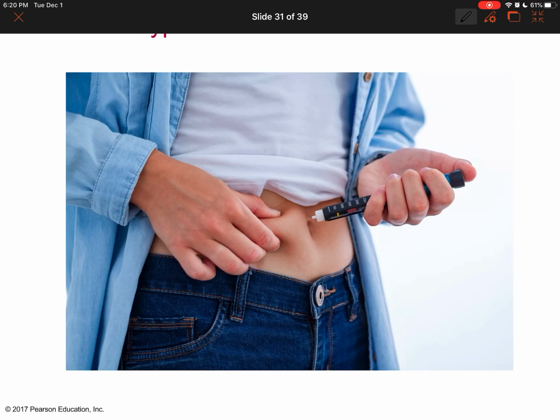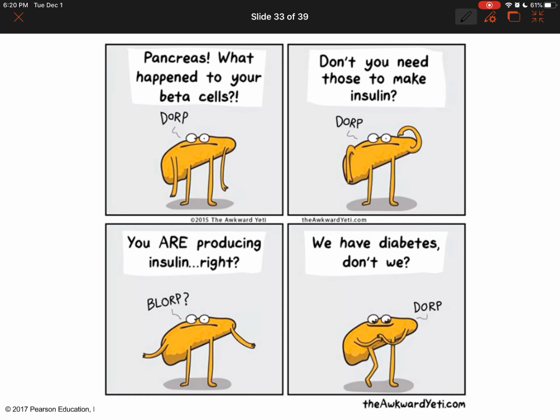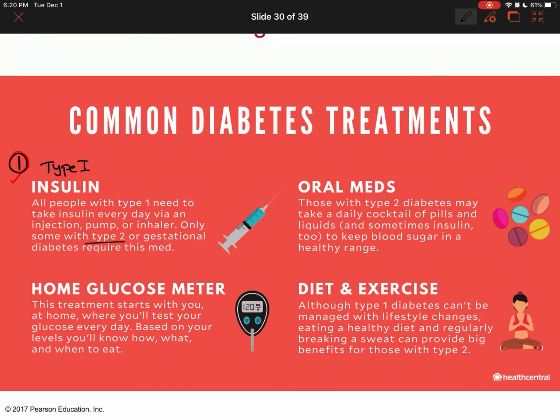The reason why we don't have a pill is because insulin is a protein, and if you eat a protein, it's going to get digested in the stomach. It's going to get destroyed. And so we want to circumvent the stomach. So that's why insulin is injected. So that's one.